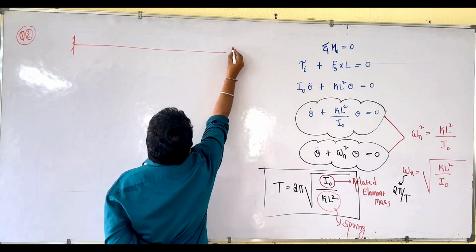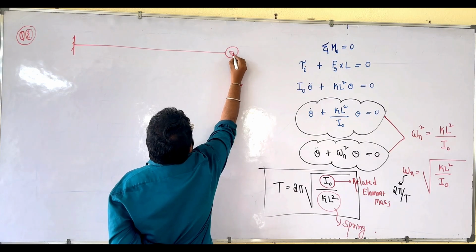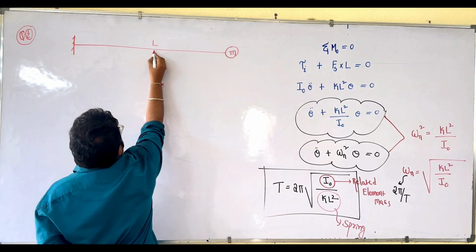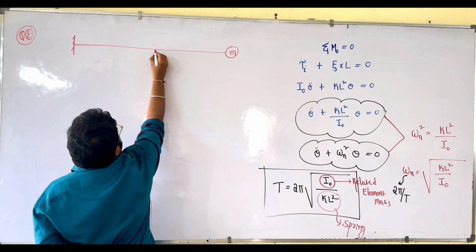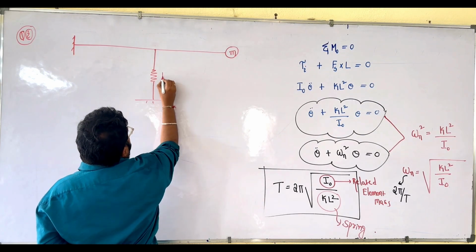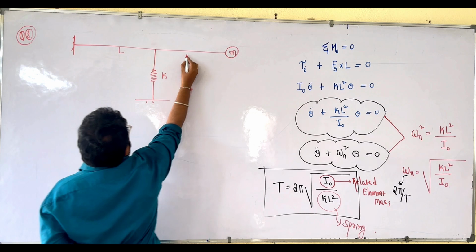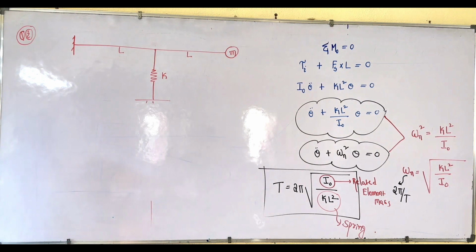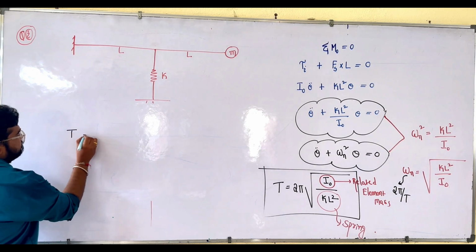Here, this is the element mass, and this is L. Here to here, I am taking spring K, L. This is a linear spring only; a torsional spring is different. So what is the time period T?